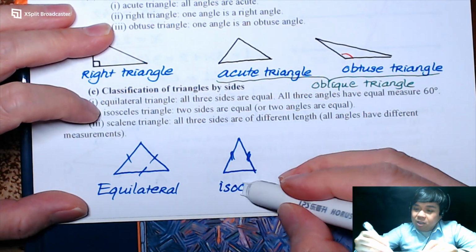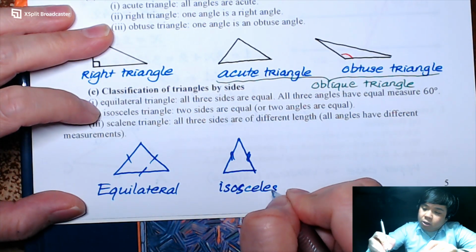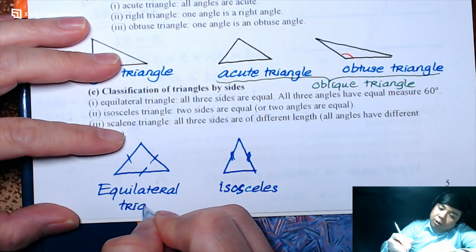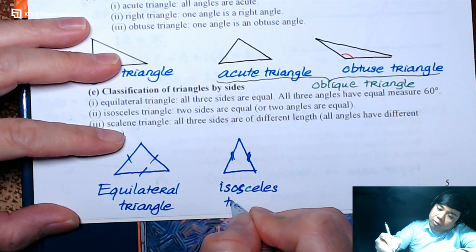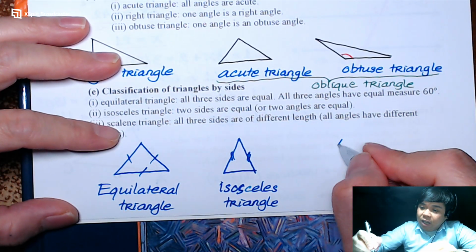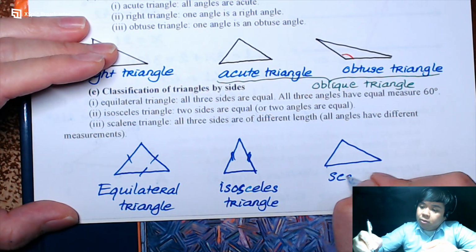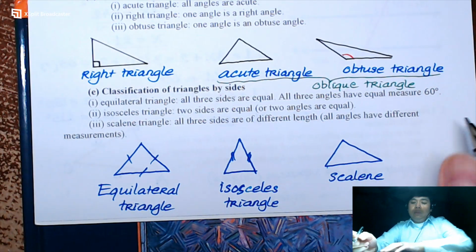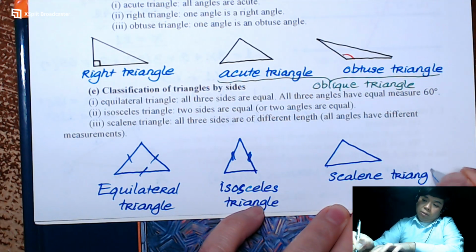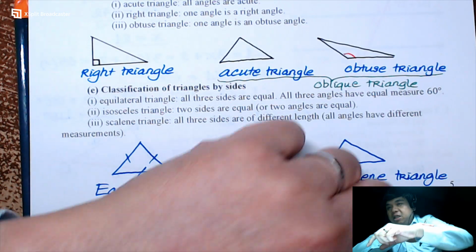So let me spell it. And if there are no equal sides, that's called scalene. Okay. So that is classification by size.